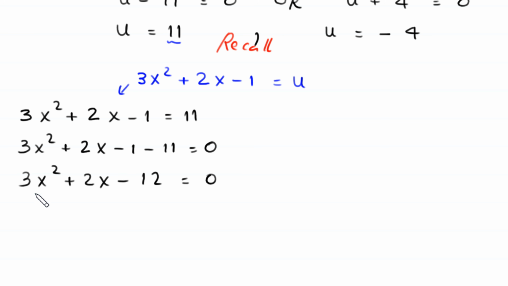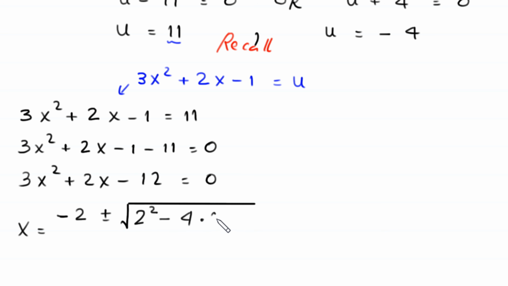Now this is a quadratic equation and is not factorable, so we solve it by the quadratic formula. According to the quadratic formula, x is equal to negative b, which is negative 2, plus or minus the square root of b squared, which is 2 squared, minus 4 times a, which is 3, times c, which is negative 12, divided by 2 times a, which is 3.